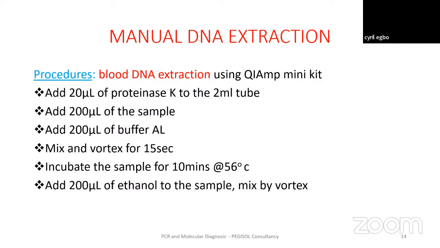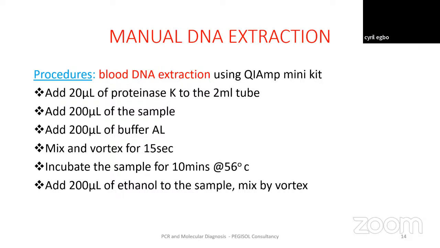Then you add buffer AL, which is part of the reagents we've already discussed. After which you mix thoroughly, then you incubate this sample for 10 minutes at 56 degrees centigrade using the water bath.